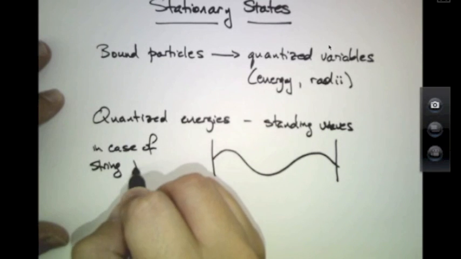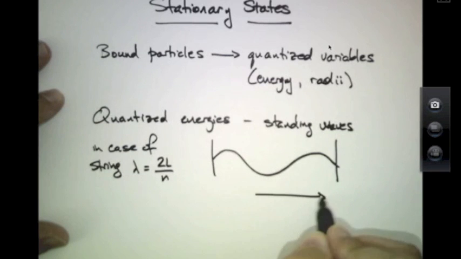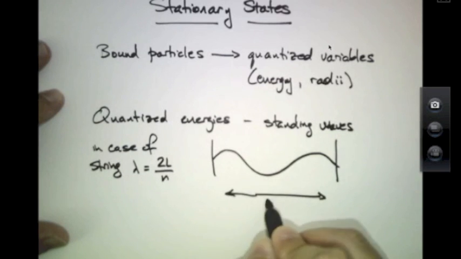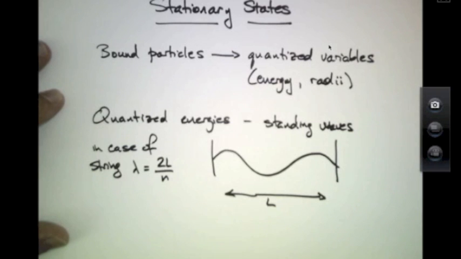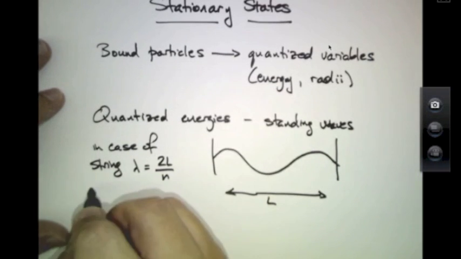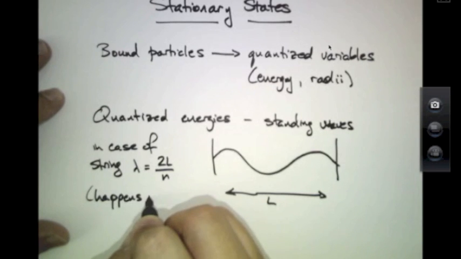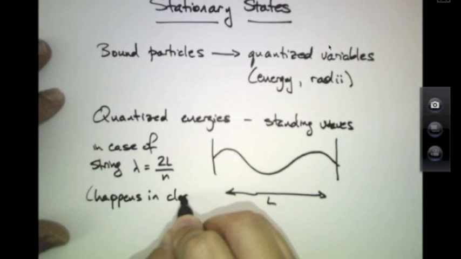And those are that lambda has to be 2L over n. L is the length of the string, and n is an integer. So quantization happens in classical physics too.